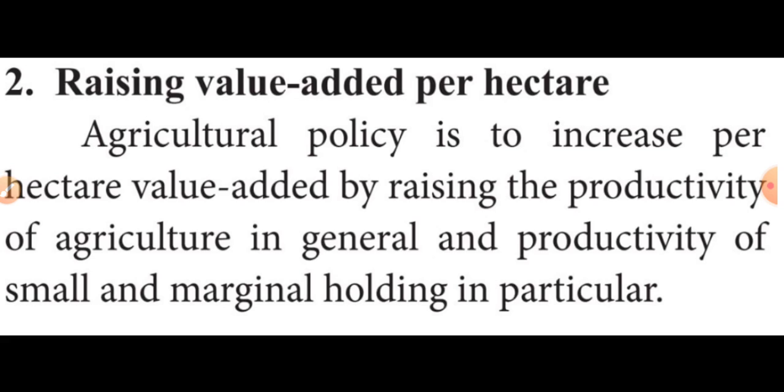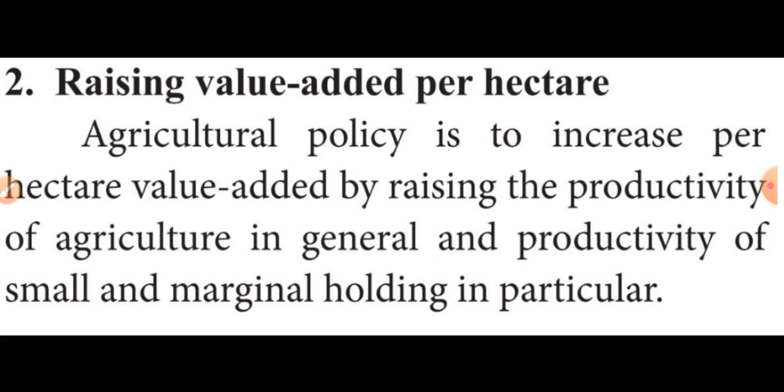Intermediaries means a person who helps a group of people to reach an agreement. And also this agricultural policy helps the poor farmers to increase their productivity.